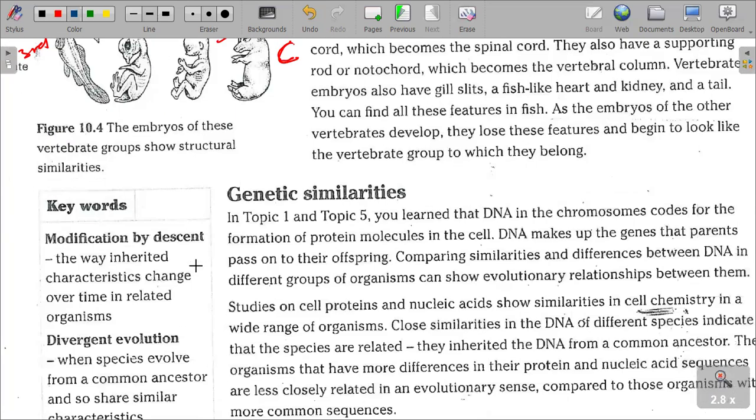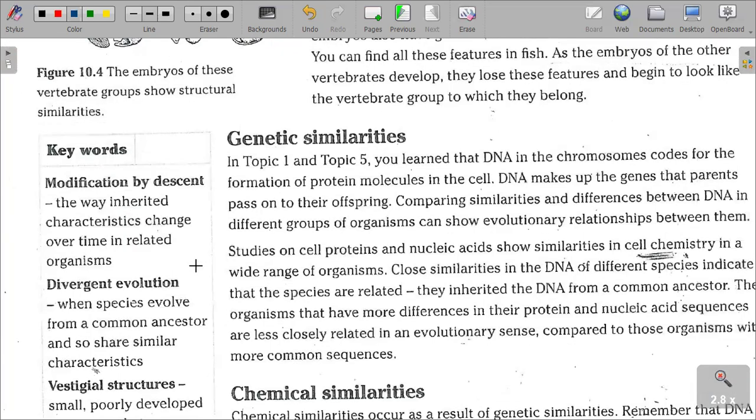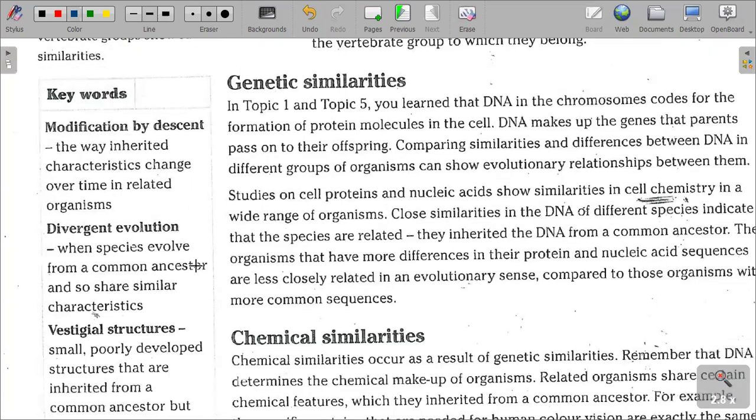Let me just quickly talk about genetic similarities, which we did also in topic 1 and topic 5, where we talked about the DNA in chromosomes. The DNA codes for the formation of protein molecules in cells.